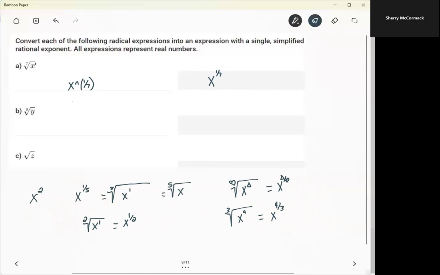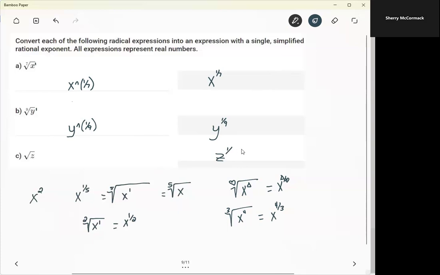All right, let's try these next two, okay? Well, since there's not a number here, it's assumed to be 1. So this is y raised to the 1/9, okay? And that will be written like this: y to the 1/9. Okay, always make sure that it looks like it's in the exponent place. Okay, and then this one would be z raised to the 1 over what?